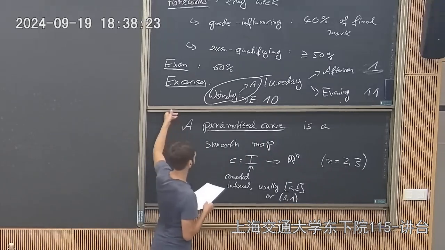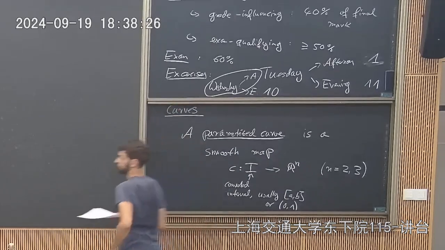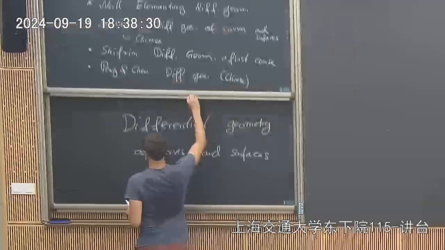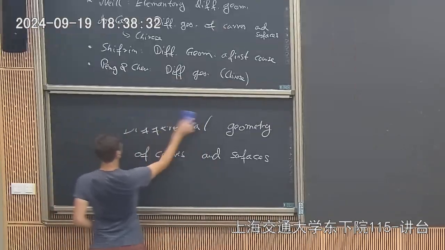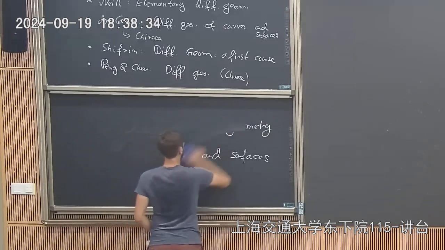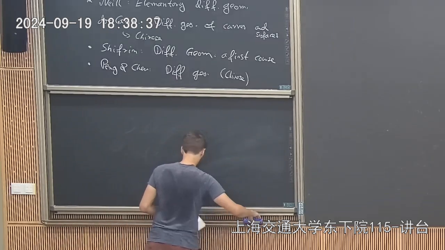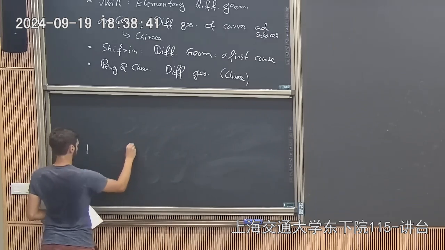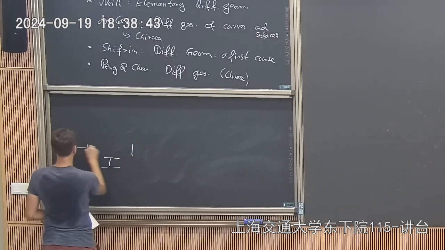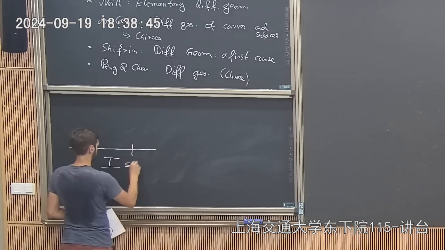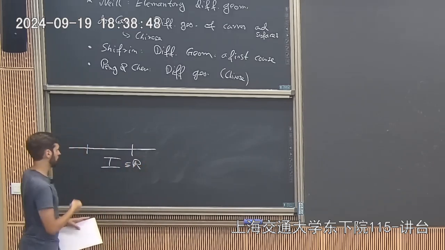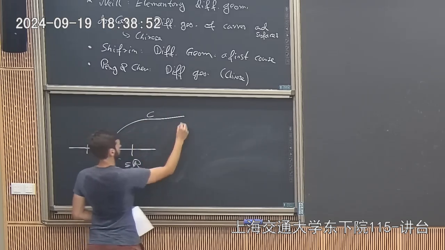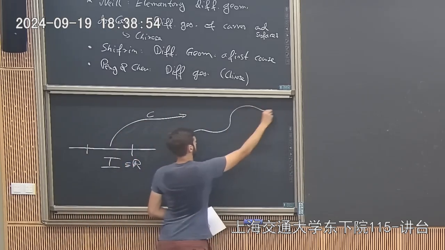The picture that you should have in mind for this is that we have our interval, which is a subset of R, and then we have our map C that maps this one into a certain curve.